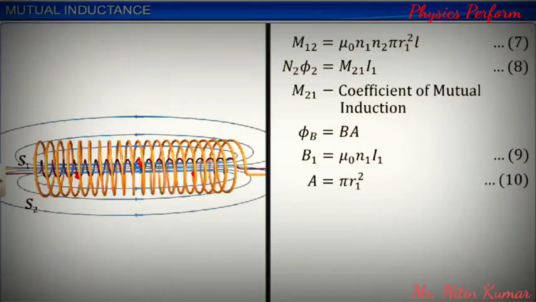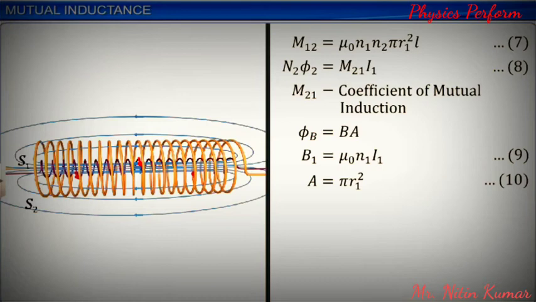On multiplying equations 9 and 10, we obtain the magnetic flux per turn through the coil of solenoid S2 as phi2 equal to mu naught N1 I1 into pi R1 square. Let this be equation 11. We also know that N2 is equal to N2 L. Let this be equation 12.